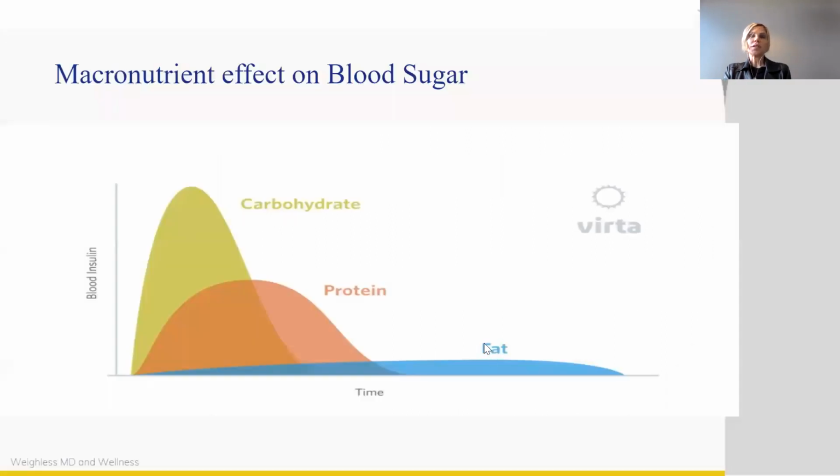And we will talk a little bit about the needs, but this is important to understand. And I said it a few times, but this is your insulin levels and this is your different macros. So as you can see, carbohydrates significantly increase insulin. Protein has a very moderate effect on insulin, and fat has almost zero impact on insulin.